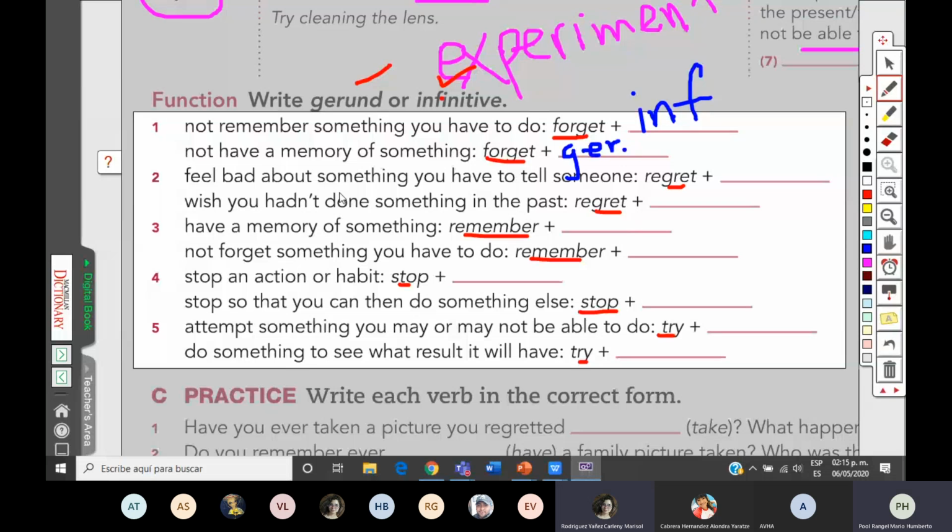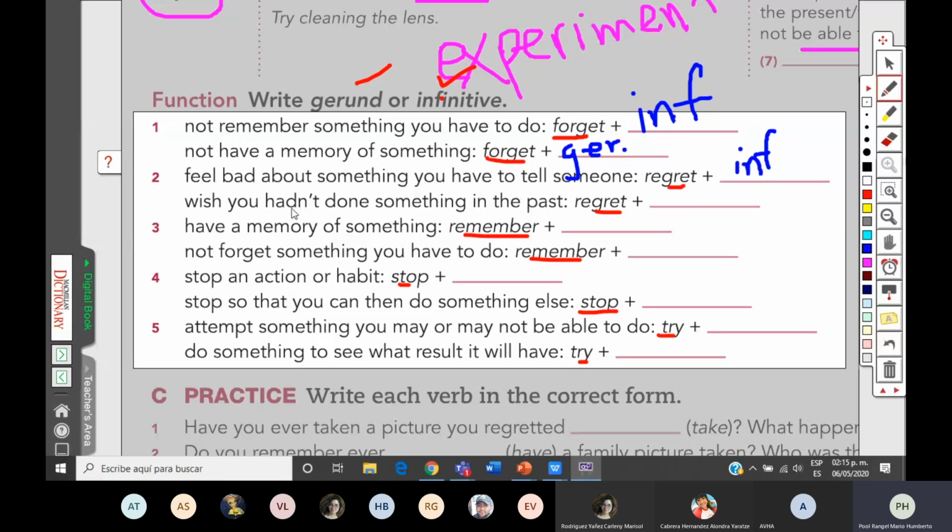All right, let's see. When you feel bad about something that you have to tell someone, you regret what? Infinitive. Okay, regret with infinitive. So you regret to tell them something.